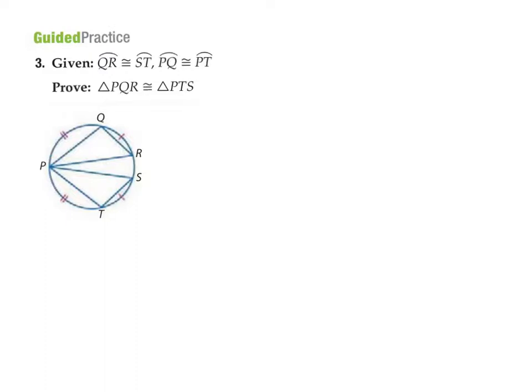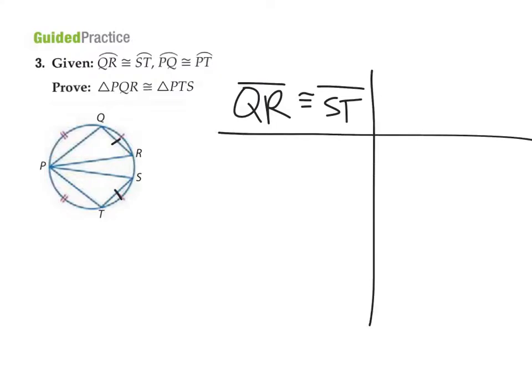Well, if arc QR is congruent to arc ST, then that means that chord QR is also congruent to chord ST. We can say that because of something we learned in a previous video, which said if the arcs are congruent, then the chords are congruent.